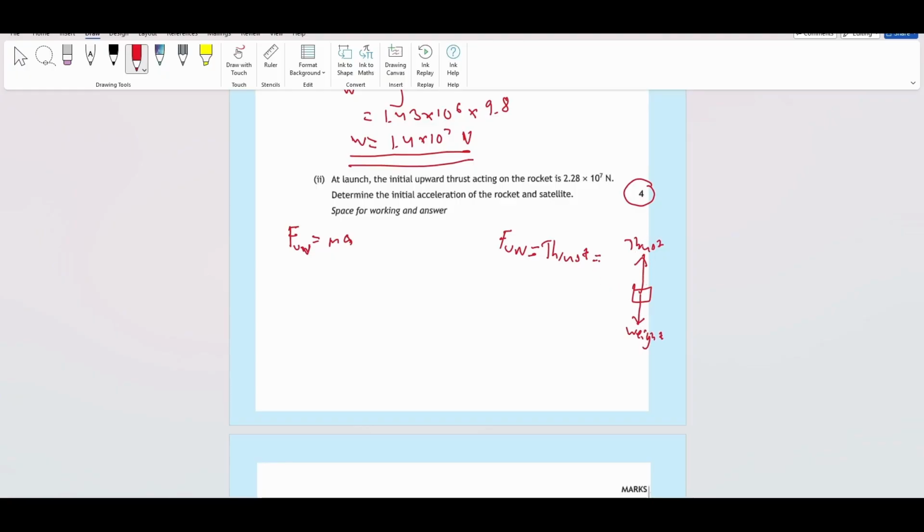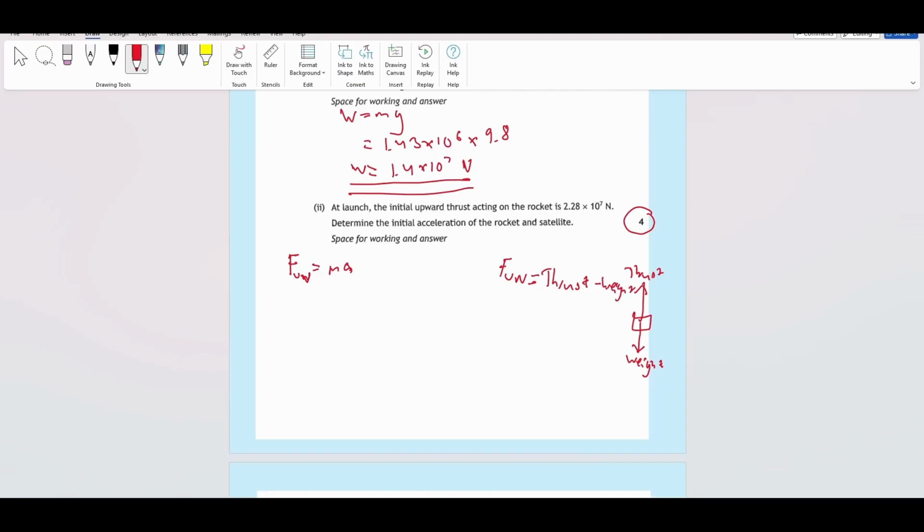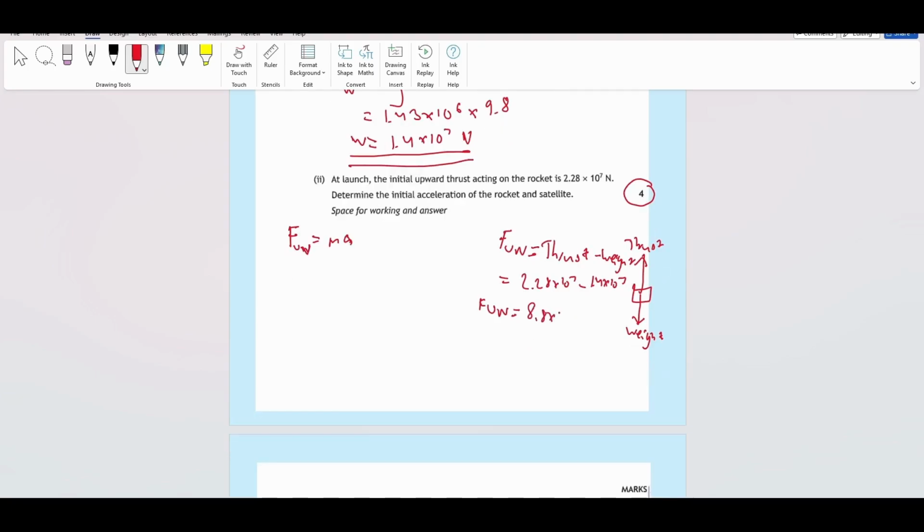So it's going to be thrust minus weight, which is 2.28 times 10 to the 7 minus 1.4 times 10 to the 7, which we just worked out. And that gives me an unbalanced force of 8.8 times 10 to the 6 newtons.